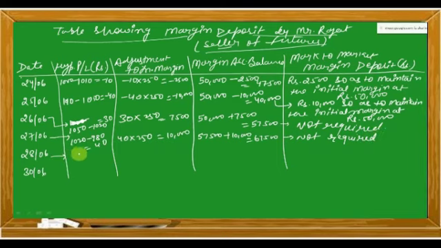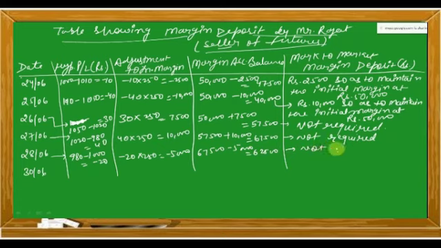Then on 28th of June, the price is 980, so 980 minus 1000 is equal to negative 20. Negative 20 multiplied by 250 is negative 5000. The balance of 67,500 minus 5000 will be 62,500.